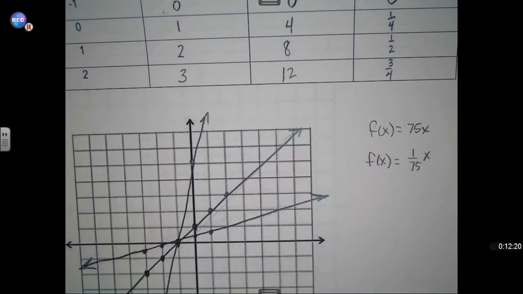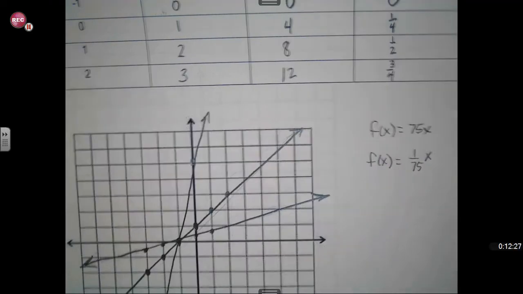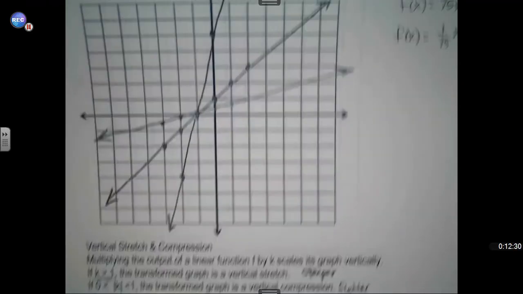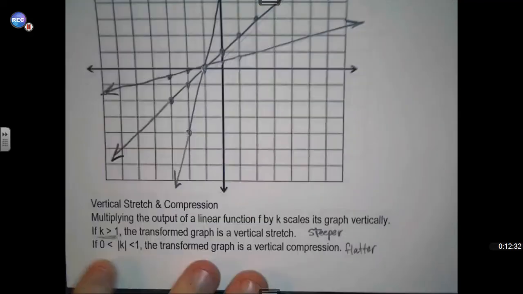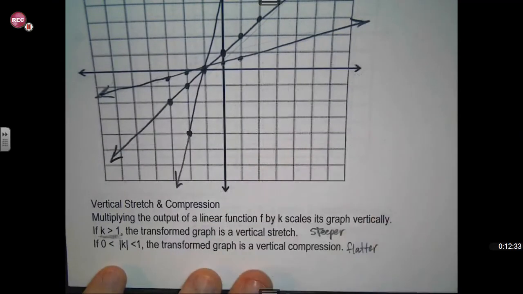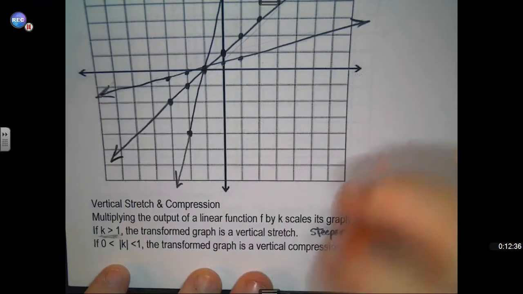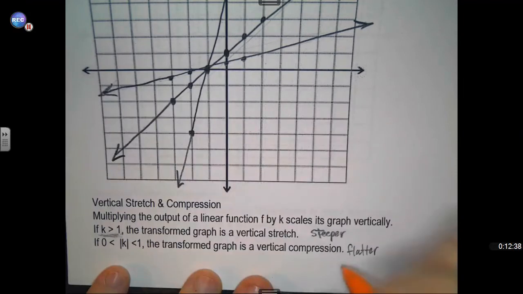In fact, it's almost 0, right? As the slope gets bigger and bigger, that graph gets steeper and steeper. And as that slope gets closer and closer to 0, but not a negative number, and is less than 1, it's a fraction, then the flatter that graph is going to be.